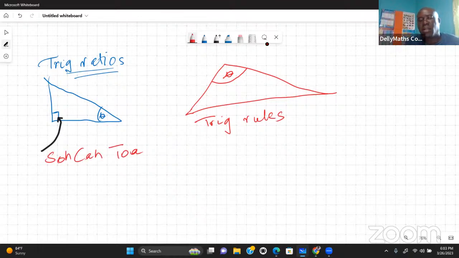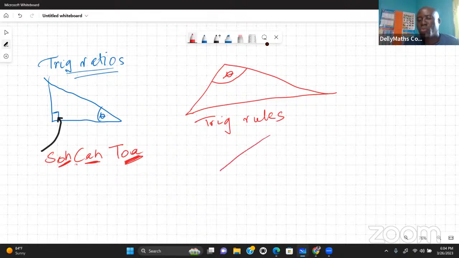The sine of an angle deals with the opposite and the hypotenuse. Cosine of the angle deals with the adjacent and the hypotenuse. The tangent of the angle deals with the opposite and the adjacent. But when it's not a right angle triangle, we're talking about our cosine rule or the sine rule.